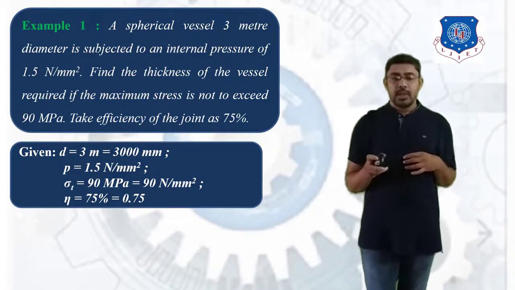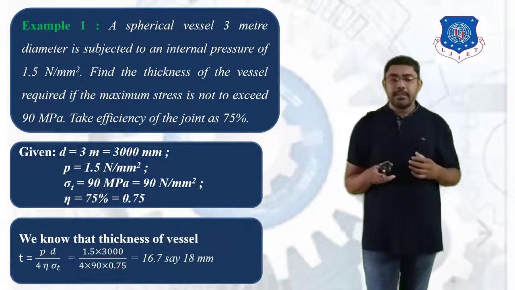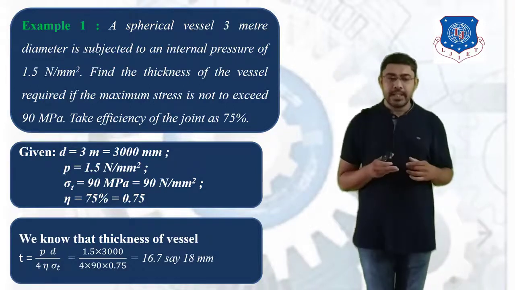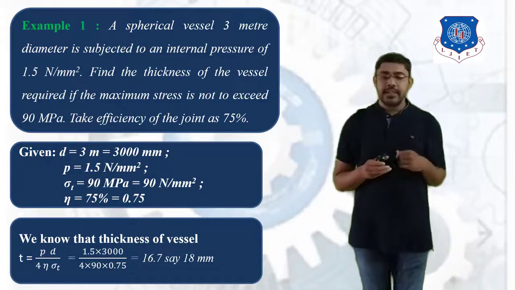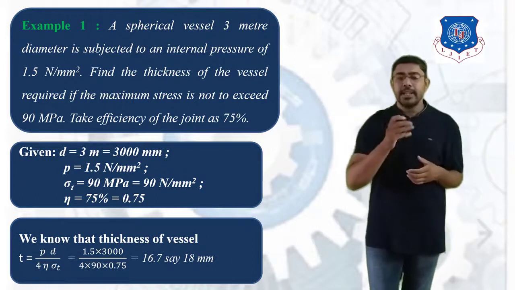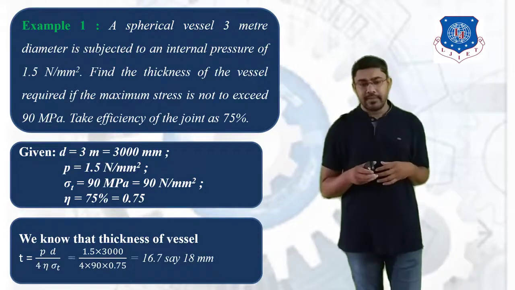So this is the data given, and what we have to find is the thickness of this spherical shell. As we know the equation of thickness, t is P into D divided by 4 into eta into sigma T. As P is given 1.5, D is 3000, eta is equal to 0.75, and sigma T is given 90 megapascals or 90 Newton per mm square.